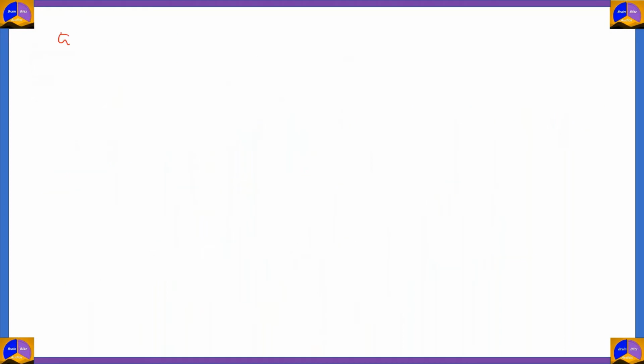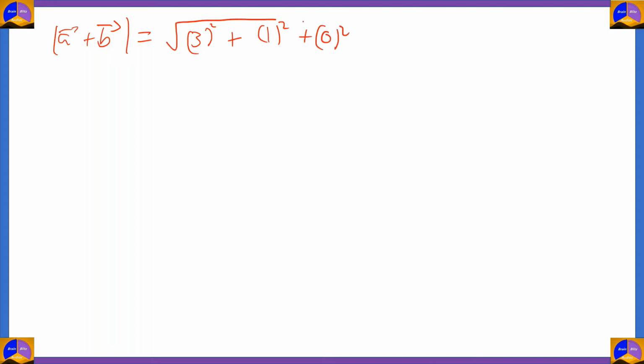So modulus of a bar plus b bar will be equal to 3 square plus 1 square plus 0 square. And then that will be 9 plus 1, which the whole root, which is equal to root 10. So the value of mod a vector plus vector b is root 10.